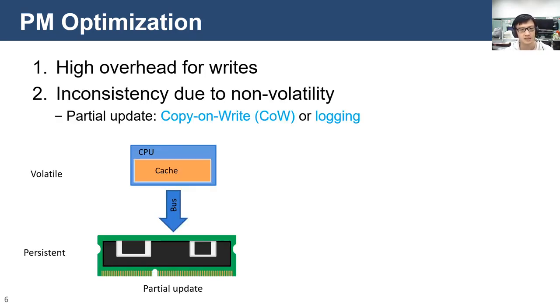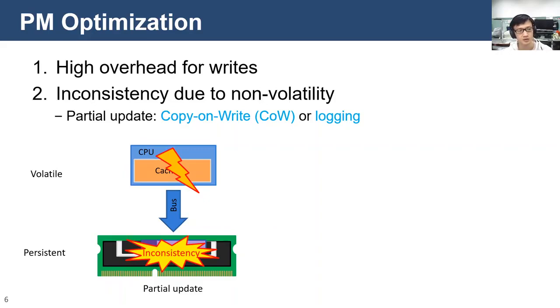Second, the non-volatility of PM exposes data to inconsistency. Data larger than 8 bytes cannot be atomically updated by one atomic instruction. If the partially updated data are evicted to PM and a system failure occurs, the data in PM are inconsistent and corrupted.